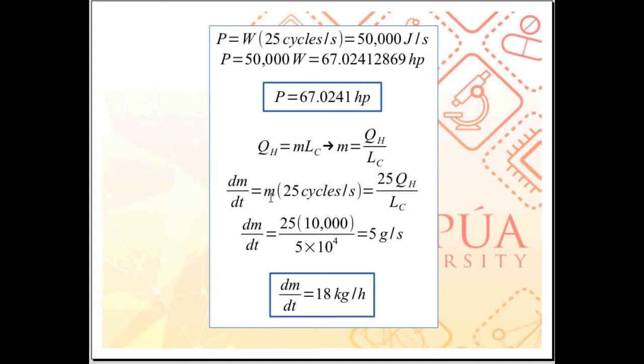The mass for one cycle is given by QH over LC, so we have 25 QH over LC. We know QH, we know LC, therefore dm over dt, the rate of burning per unit time, is calculated to be 5 grams per second. Converting grams per second to kilograms per hour, we have 18 kilograms per hour.